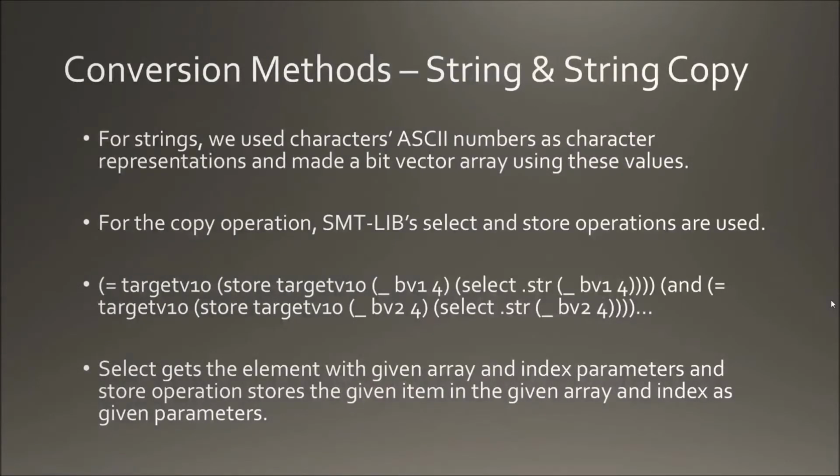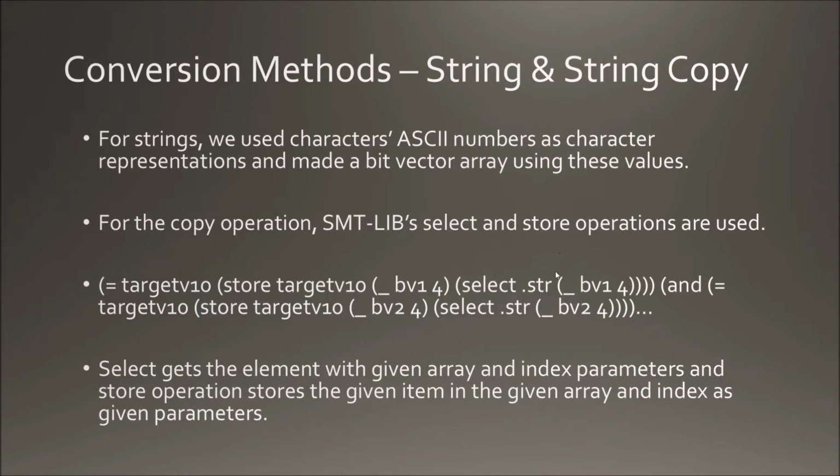For string operations, we just use character ASCII numbers as character representations and made a bit vector array using these values, because there wasn't any simple way to make a string representation in SMT-LIB. We just used SMT-LIB array select and store operations.